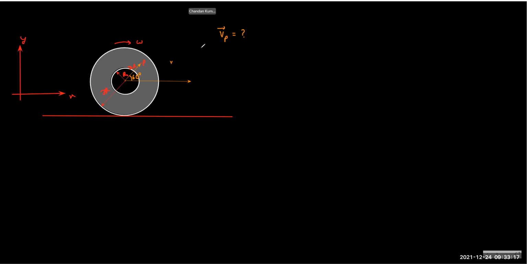So is it 3 omega r i cap plus root 3 omega r i cap minus omega r j cap? 3 omega r i cap is the right part. Plus root 3 omega r i cap minus omega r j cap.